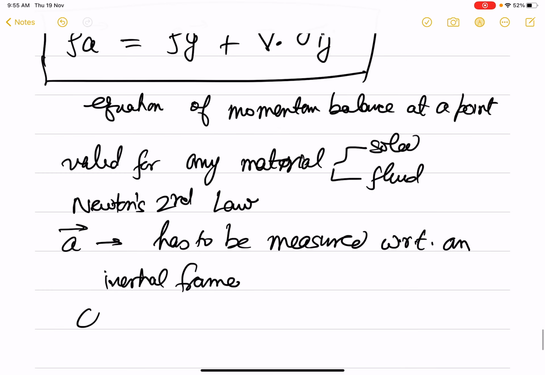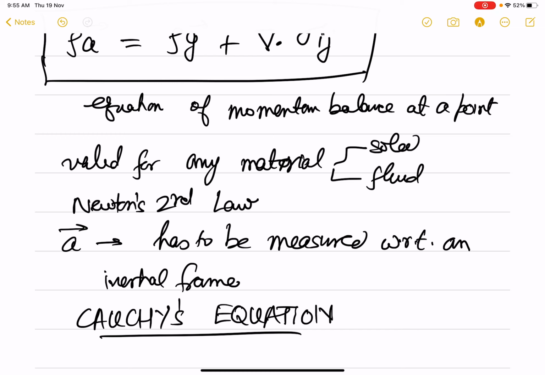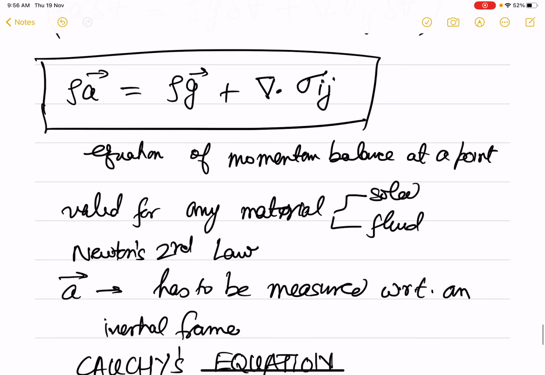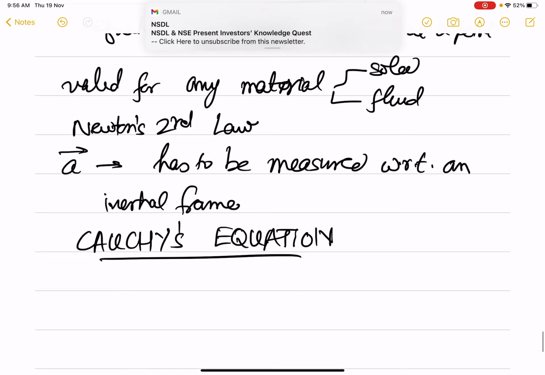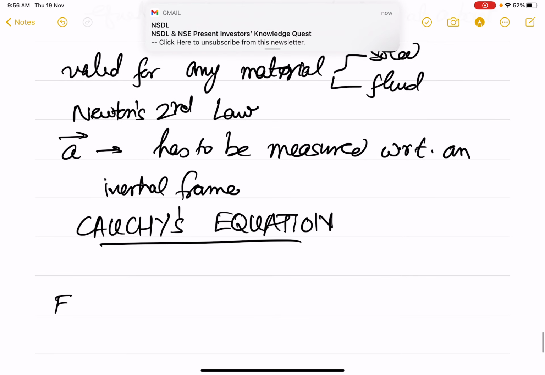Now this equation is also called Cauchy's equation. So this is the equation for momentum balance, and this is a very fundamental equation. Now what we will do is, let's try to now write this for a fluid element.